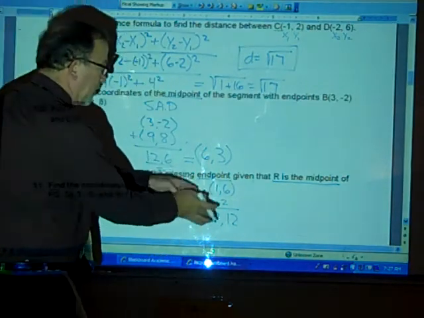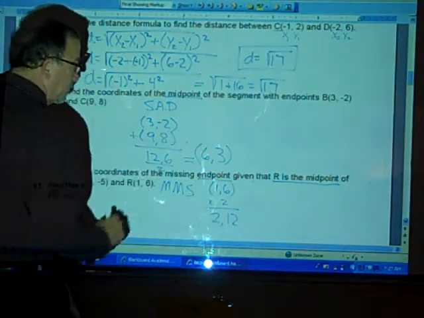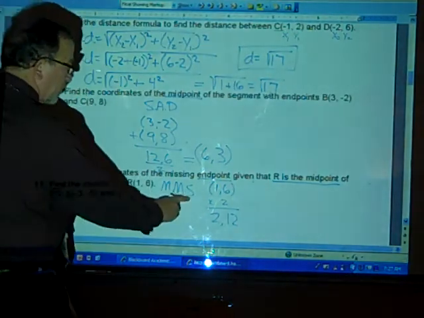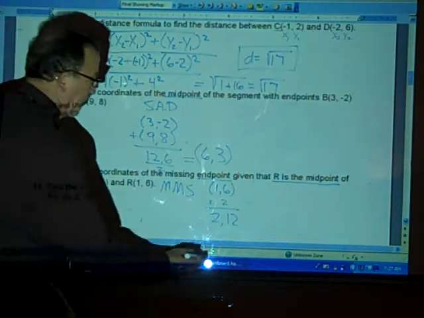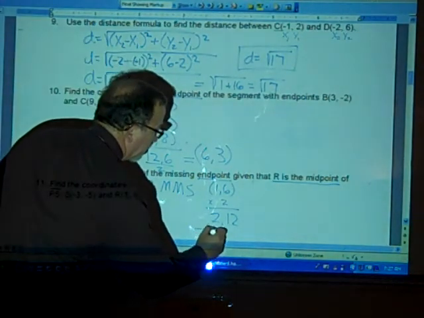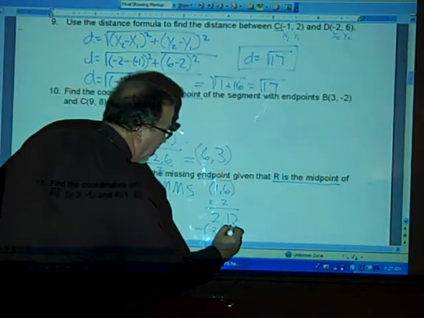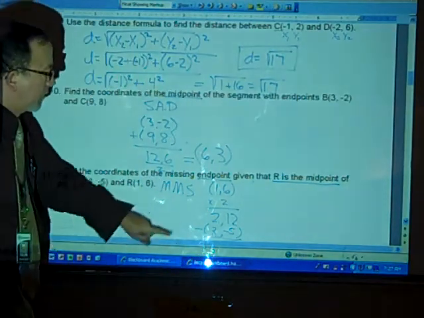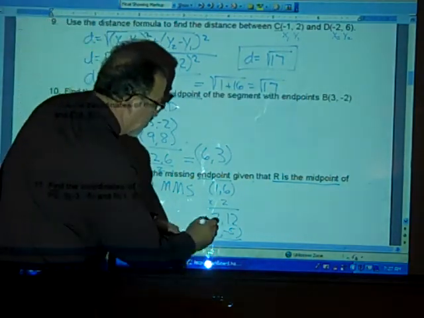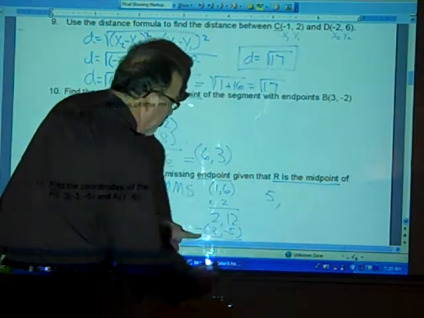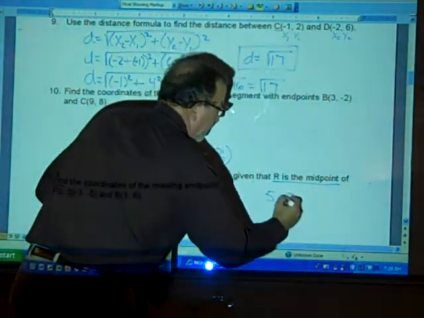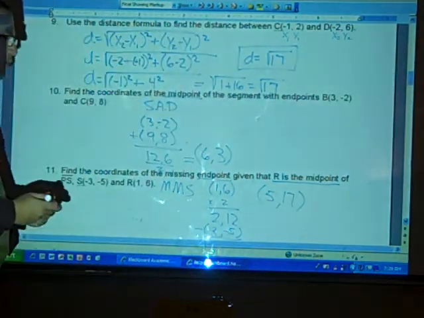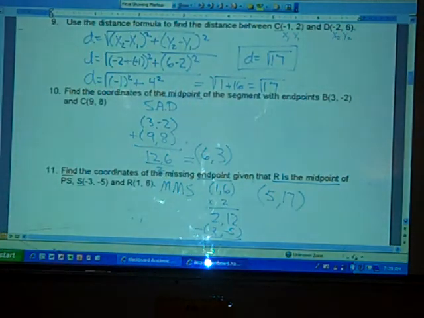We're just multiplying each of these numbers by 2. So we've got 2, 12. And now we're going to subtract the endpoint, which is -3, -5. So 2 minus a negative 3 is 2 plus 3, which is 5. 12 minus a negative 5 is 12 plus 5, which is 17. So the endpoint is 5, 17. And that's number 11.